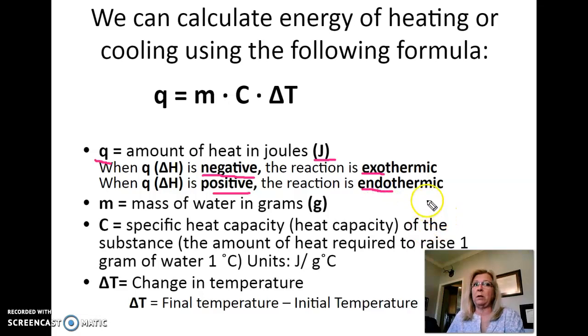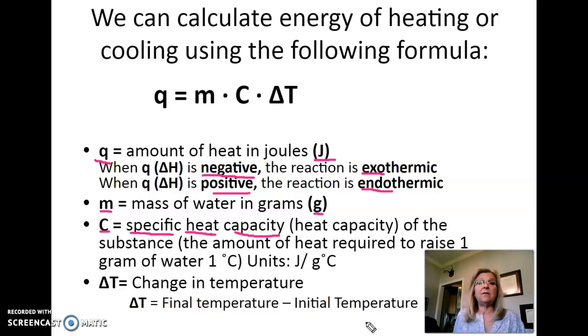For those of you going, wait, where did we talk about this? That was in your foldable from this week for you to make. So you remember you are making a foldable. All right, we have mass in our equation, and as you know already, mass is measured in grams. We have our new variable called C. This is called specific heat capacity, and this is a material's ability to gain or lose heat.